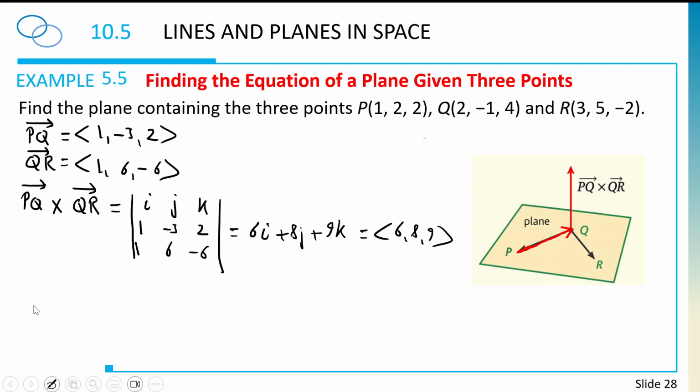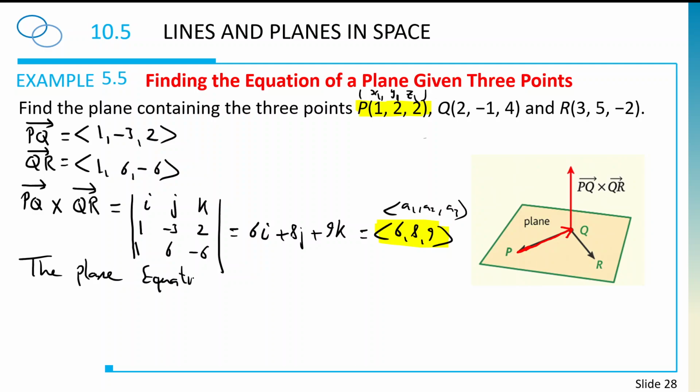Now as a conclusion, let's check what we have. We have 1 point and we have one normal vector. This vector is normal on the plane. So this point, I'm going to use as x1, y1, z1, and this is basically A1, A2, A3. Now let's find the plane equation. What do we know about the plane equation?